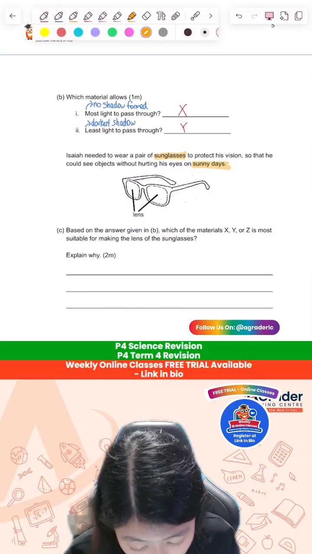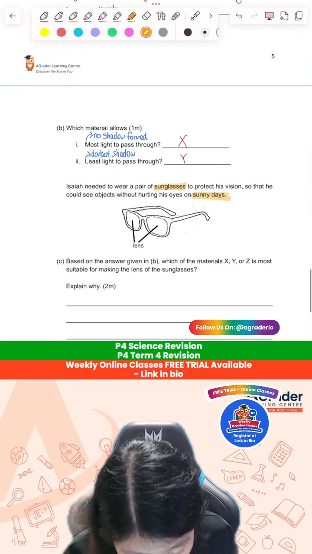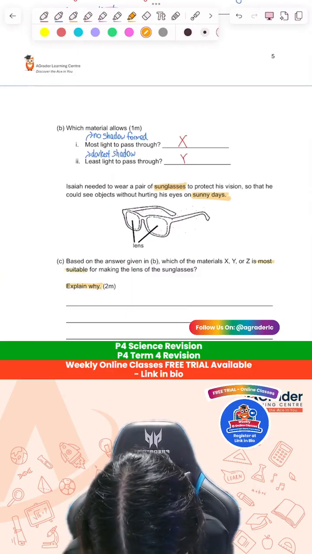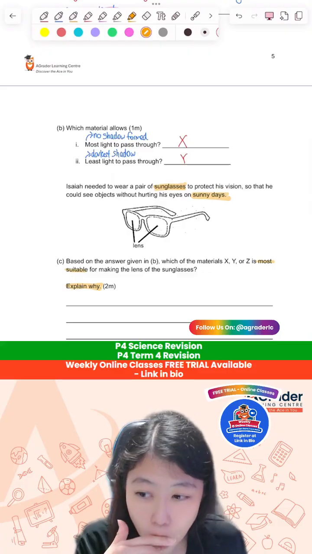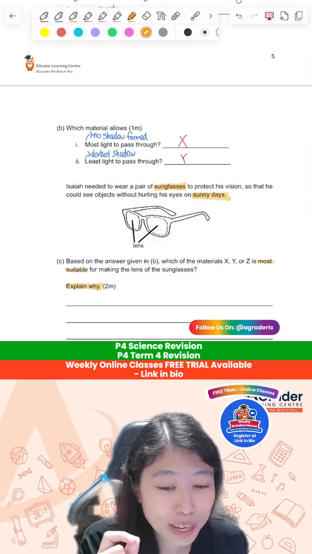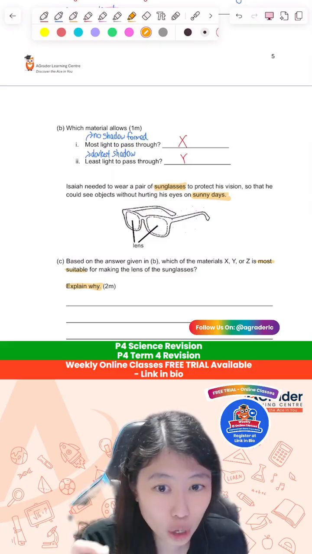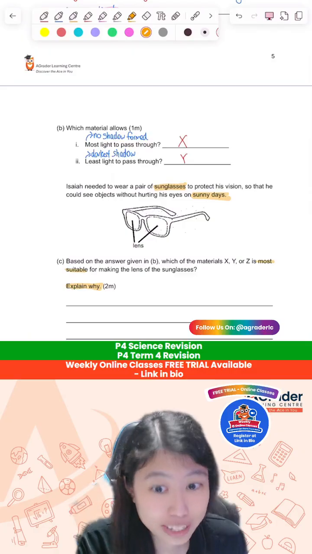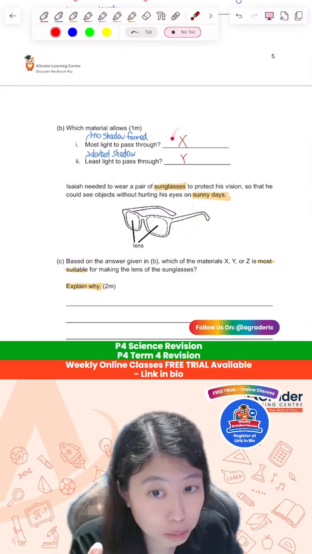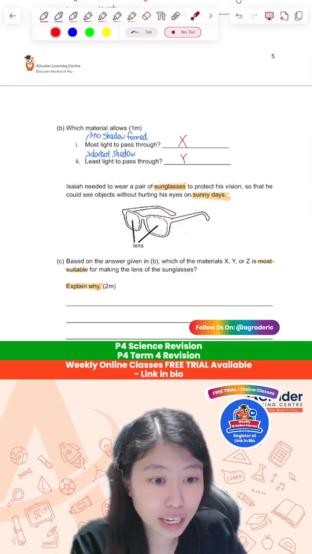So based on the answer given in B, which of the materials is most suitable for making the lens of the sunglasses, and explain why. But don't get tricked. They say based on the answer in B. They never say you must choose whatever you have written in B. Okay?